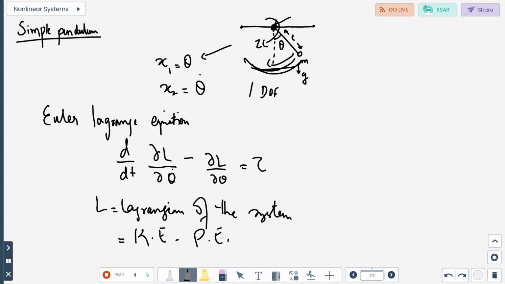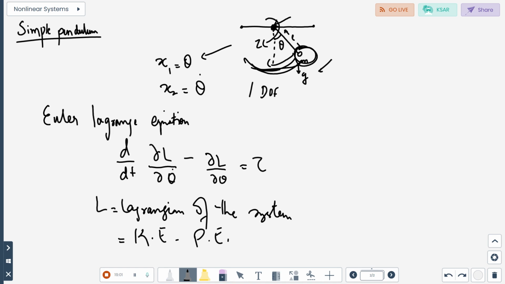Again, depending upon the application of the pendulum to the particular example that we might be trying to fit it in, we can have the thrust being applied directly on the mass in certain cases. Say for example, you take a simple swing in a park. What happens there is that the thrust is applied directly at this particular point.